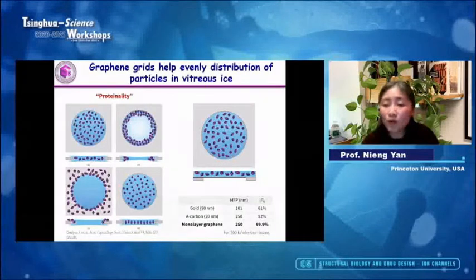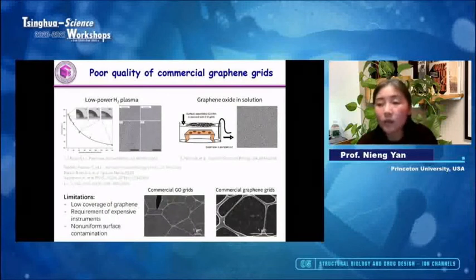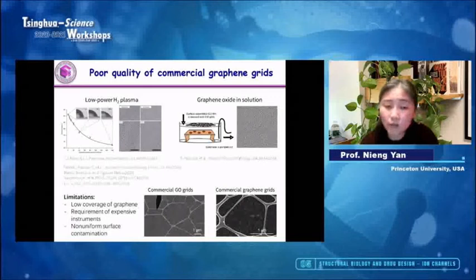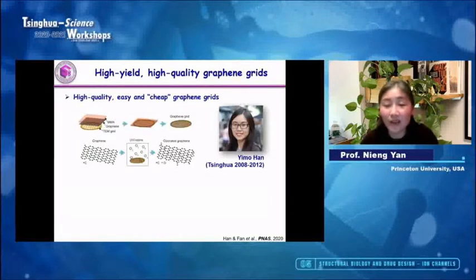But for a long time, we could not obtain high quality graphene grids from commercial sources. My first postdoc I recruited to Princeton was Dr. Yimo Han. She got her bachelor's degree from the Fundamental Science Class in Tsinghua University, and she is now an assistant professor at Rice University. She got her PhD in nanomaterial science from Cornell University.